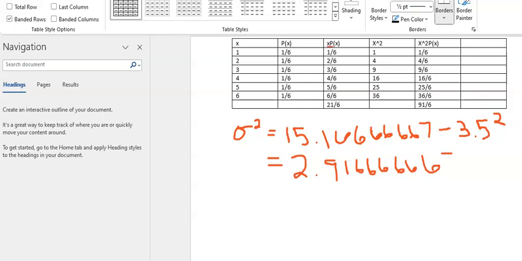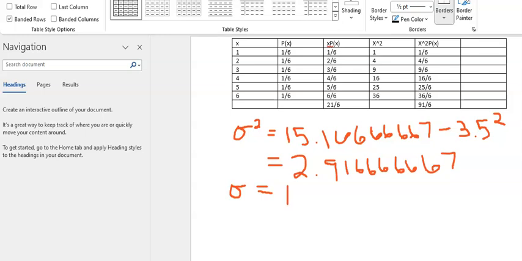All right, and then to find the standard deviation, I just want to take the square root of the answer that I got for variance. So I want to take the square root of 2.91666667. And it ends up being 1.7.